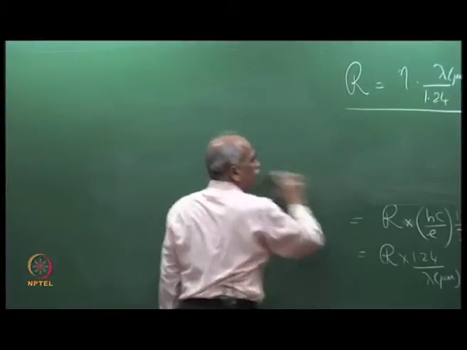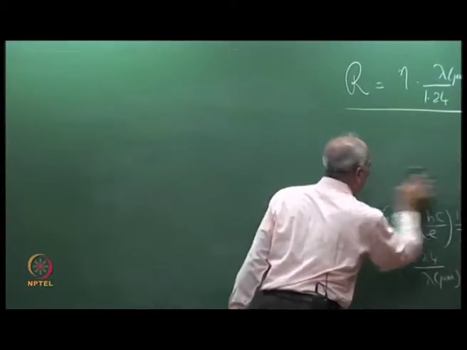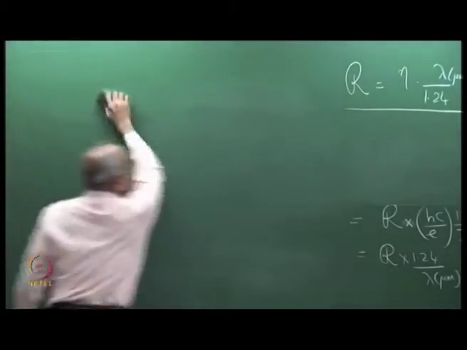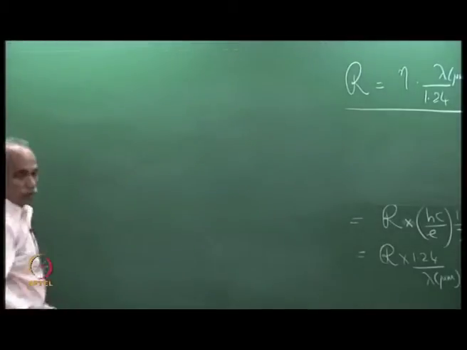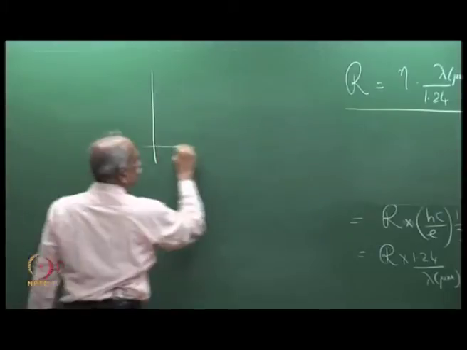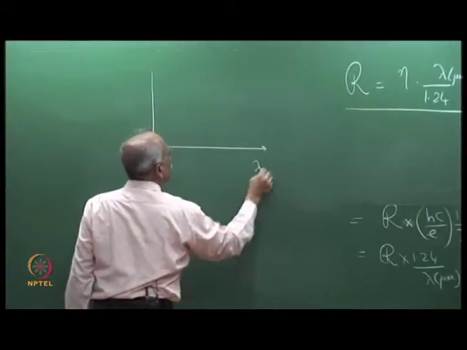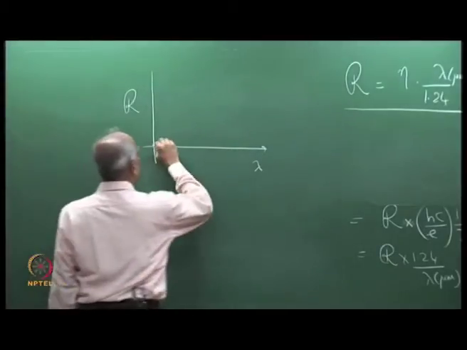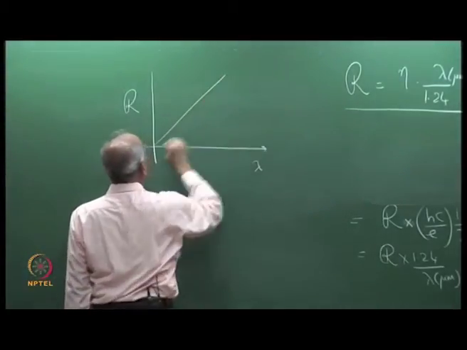In the last lecture, we have also discussed in detail how to maximize eta for a given structure and a given material. And if we plot the responsivity versus lambda, if we plot R here, then you would have straight lines for different values of eta.